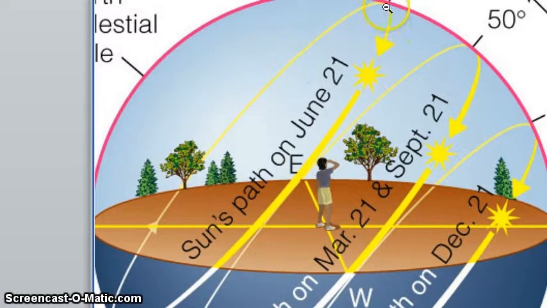We also see that the sun is higher in the sky. Because the sun is higher in the sky, it's going to be shining down at a higher angle, less beam spreading, more concentrated solar energy. Because we're getting more concentrated solar energy, it's going to heat the Earth up faster. So there are a couple reasons why in the summer we get the warmer temperatures.